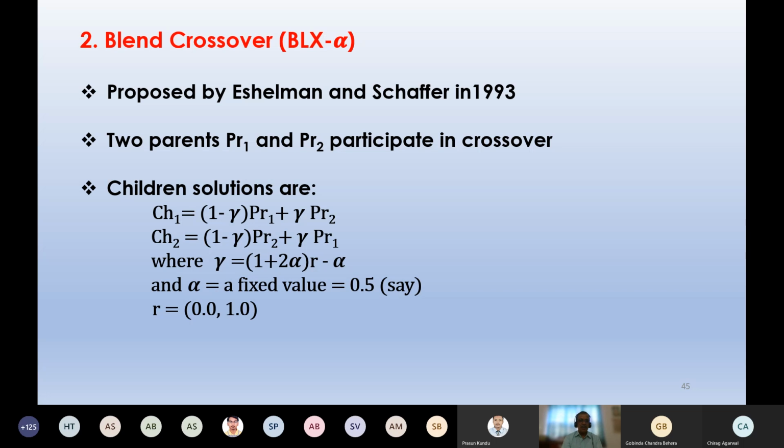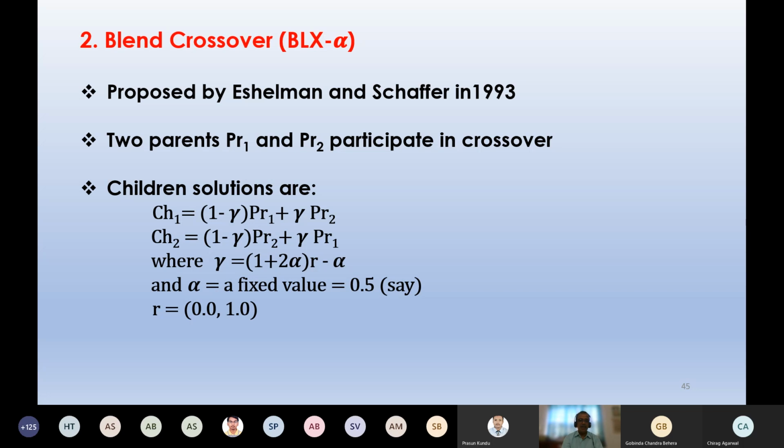According to this blend crossover, child 1 is nothing but 1 minus gamma multiplied by PR1 plus gamma multiplied by PR2. I know PR1 and PR2, parent 1 and parent 2.